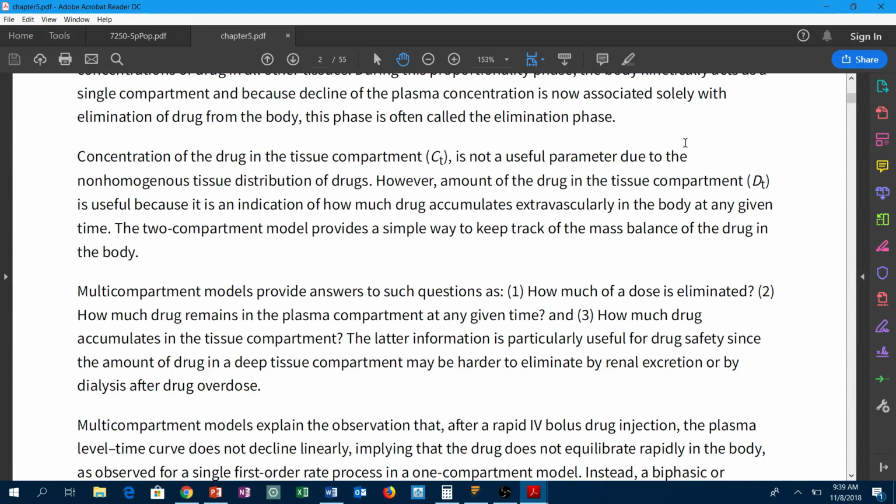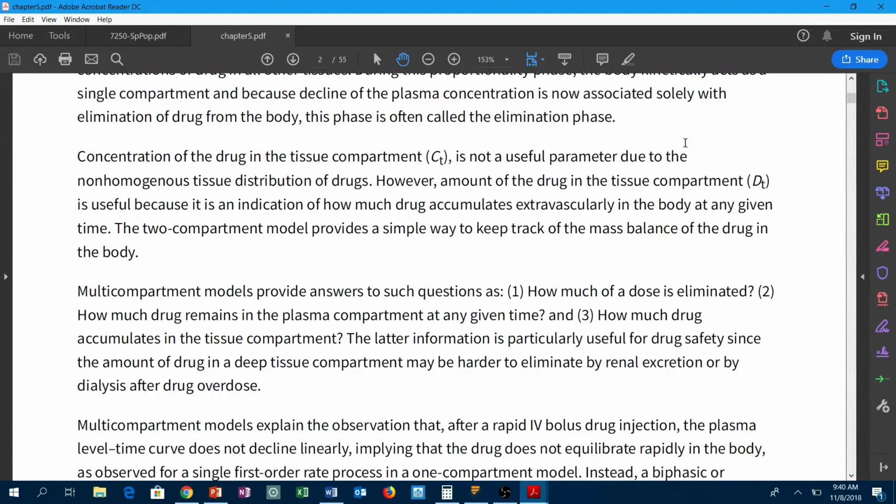Alpha phase, beta phase, distribution, equilibrium. The little dotted part is the residual line, isn't it? This is A, this is B. No, that's the residual line.